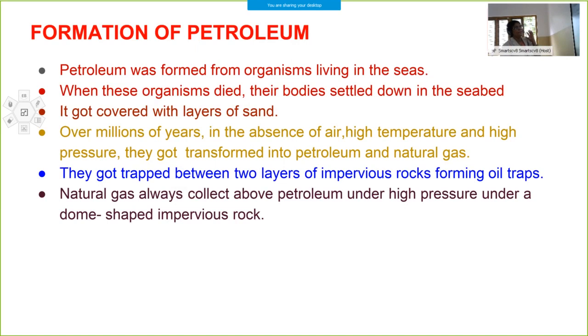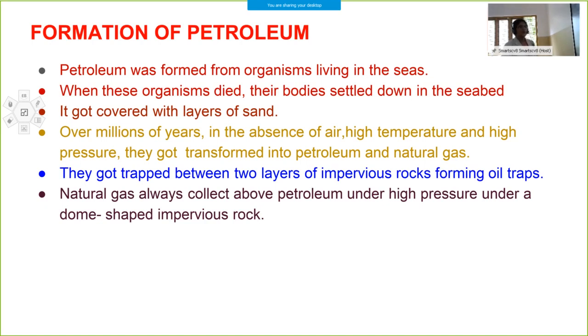Next, formation of petroleum. Petroleum was formed from organisms living in the seas. When these organisms died, their bodies settled down on the seabed and got covered with layers of sand. Over millions of years, in the absence of air, under high temperature and high pressure, they got transformed into petroleum and natural gas.